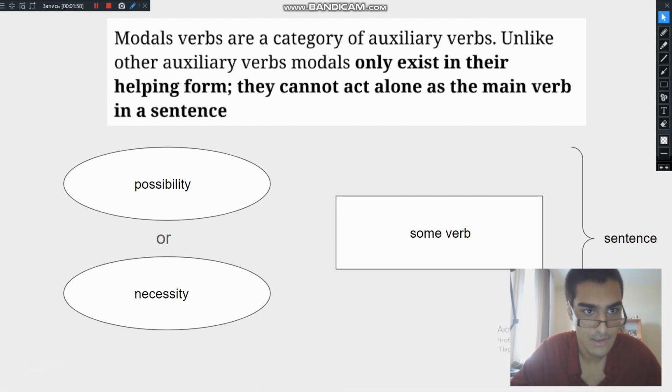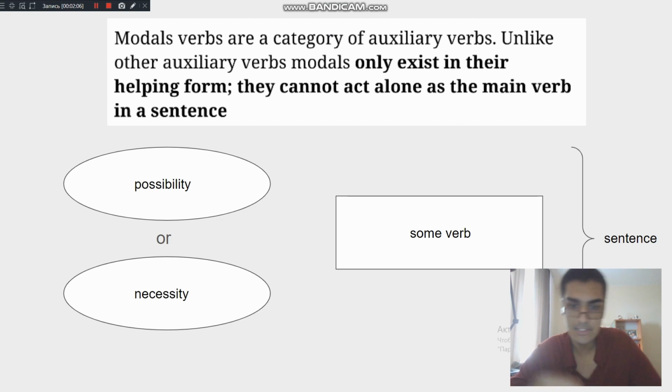It's some verb that expresses possibility or necessity. Then you add it to some verb and you get a sentence. For example, if you have seen the Nike advertisement, the most popular one, they say you must do it. So must is the modal verb that expresses necessity, and do is just some verb and then the rest of the sentence.